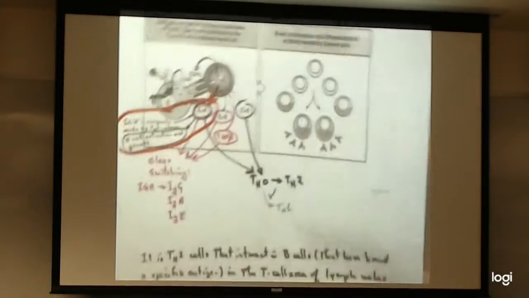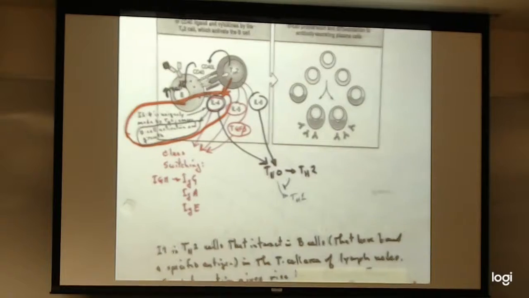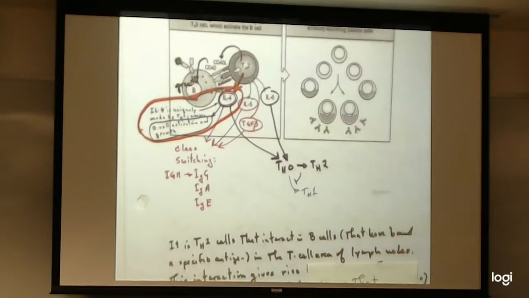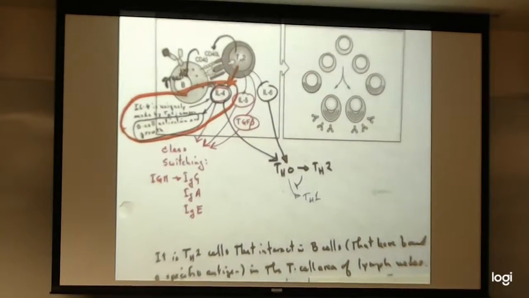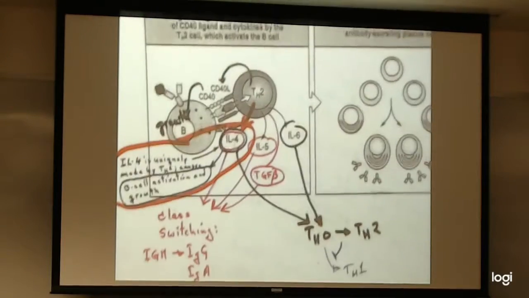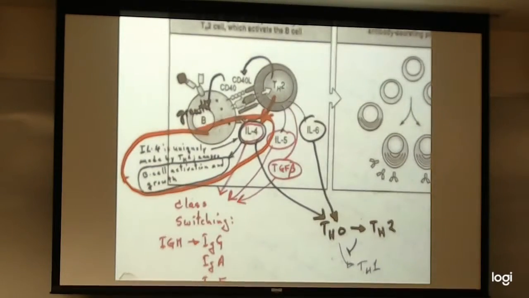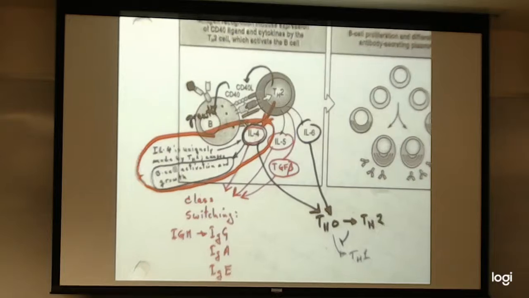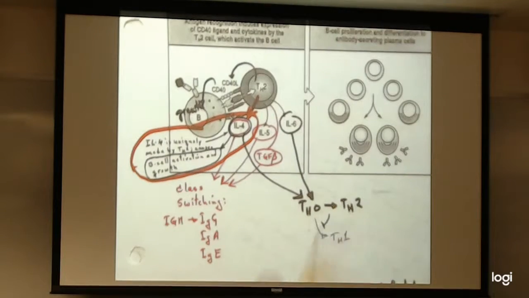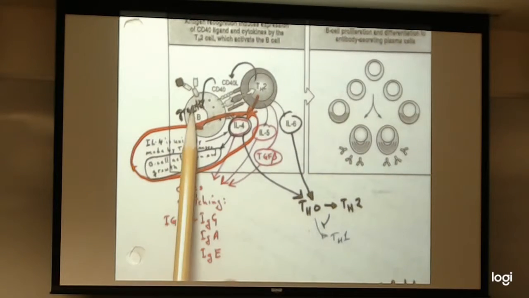Okay, now a little bit more detail on armed effector T helper 2 cells. So here's a B cell.